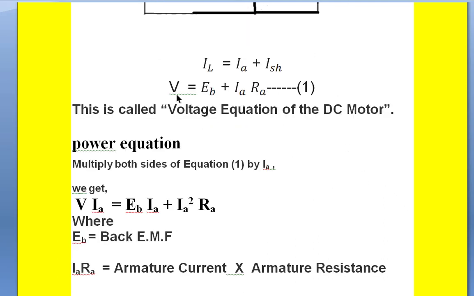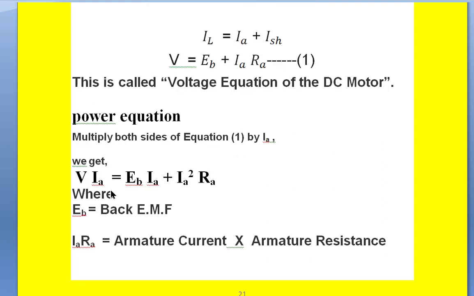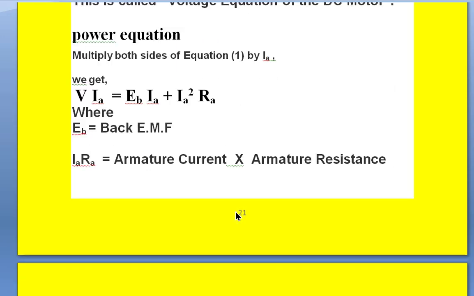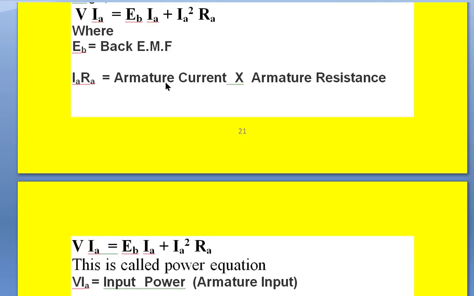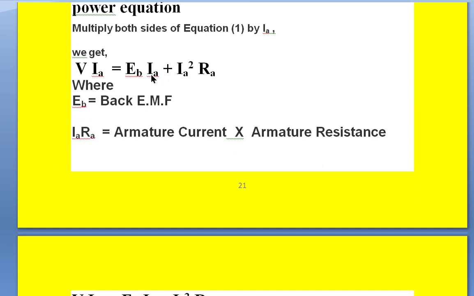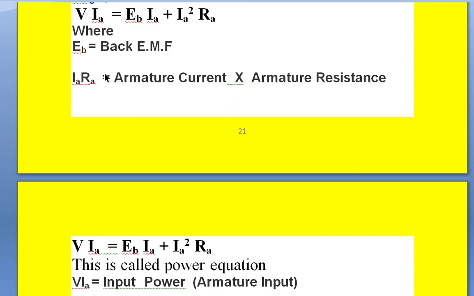Multiplying both sides with IA, the equation becomes V into IA is equal to EB into IA plus IA square RA. Here IA square RA is nothing but the armature copper loss, and EB IA is called the mechanical power developed by the DC shunt motor, and V into IA is called the electrical input to the motor.